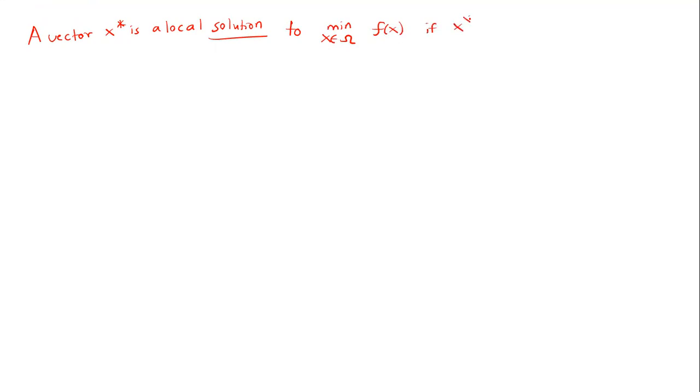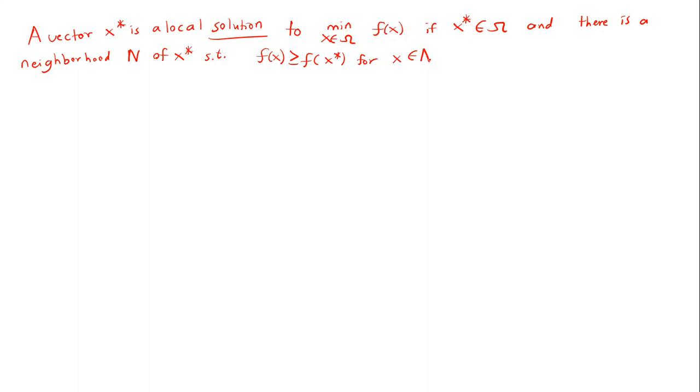If this vector x star is a local solution, it needs to be in the feasible set, and there is a neighborhood N of x star such that f of x is greater than or equal to f of x star for x contained in the neighborhood intersect the feasible region.